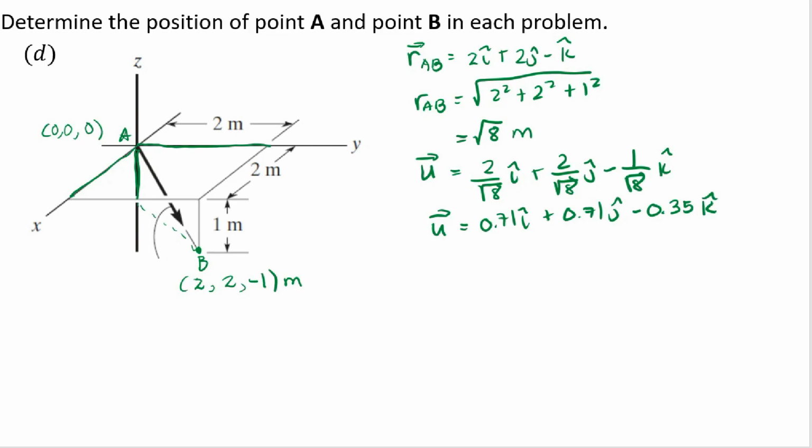Okay, so again, our position vector is on positive i, positive j, and negative k, which is true here: positive x, positive y, and negative z. Okay?